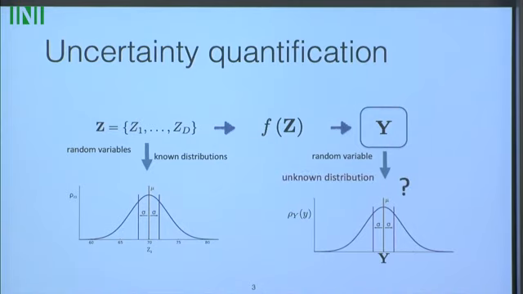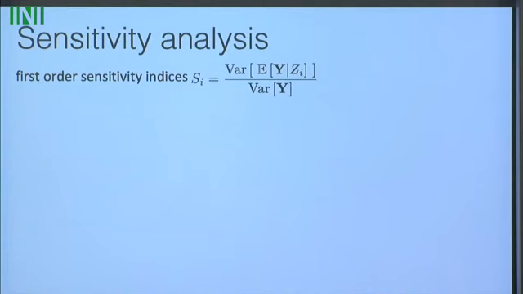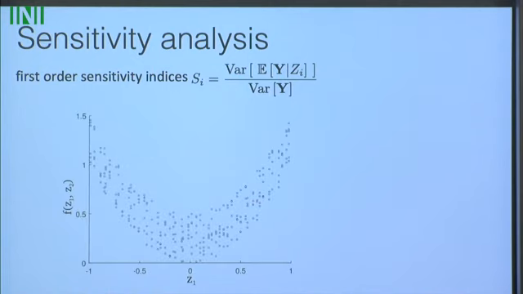So this is the unknown distribution, and then we have what we call sensitivity analysis, which we compute with this expression up here. We can illustrate it in the case of a function of two stochastic variables, plotted as a function of z1. What does this average mean?